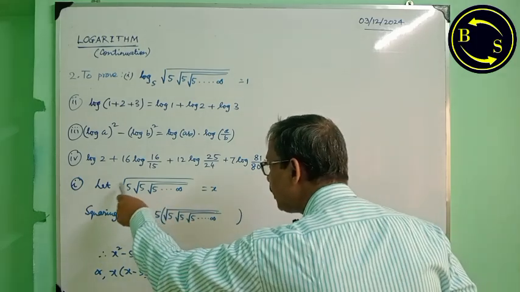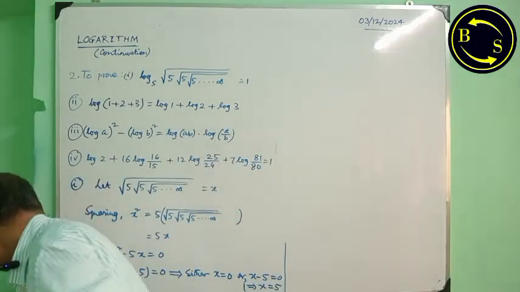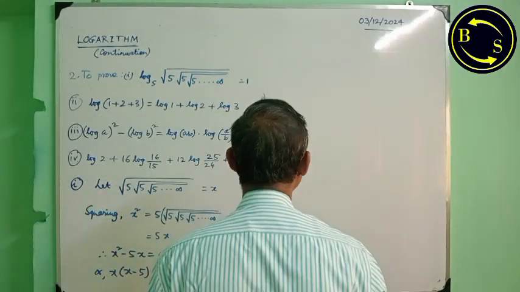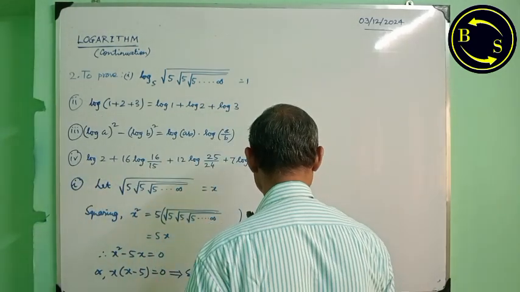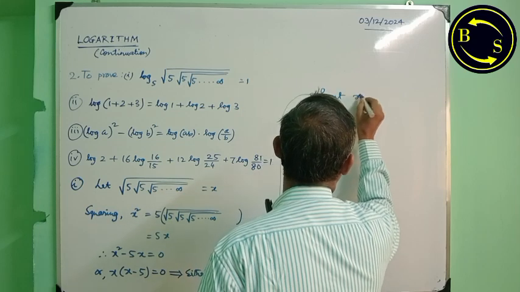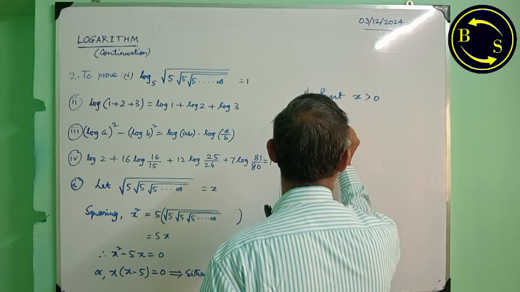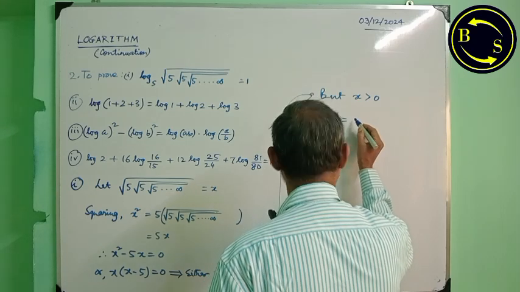A square root of a positive number can never be 0. But x is positive, therefore x is equal to 5.